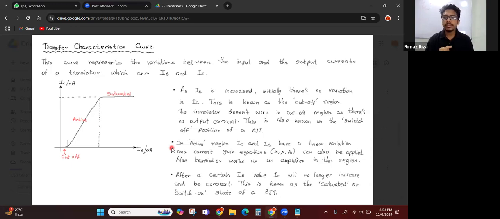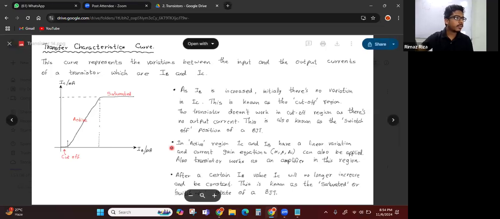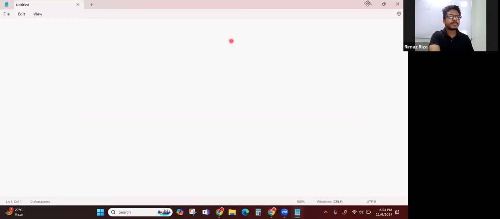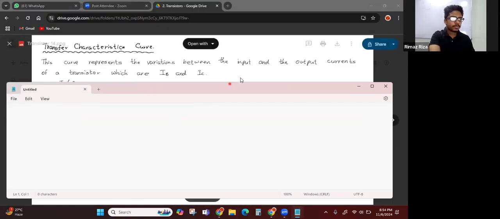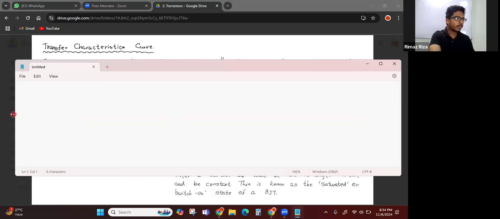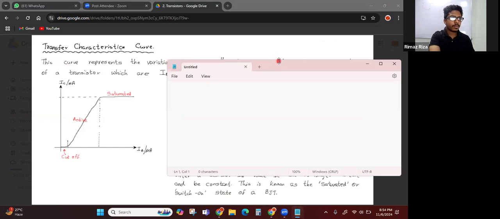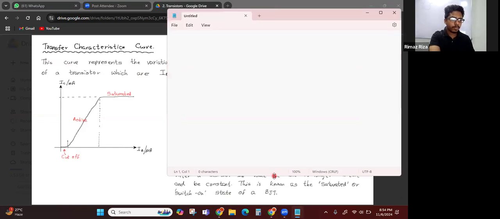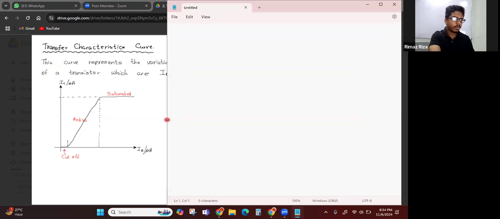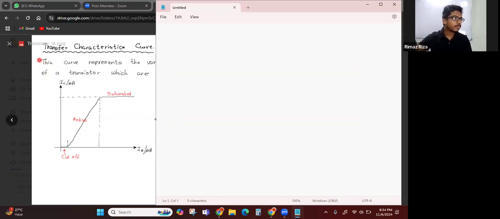Now, for example, let me explain with a transistor. I'll draw that. I'll take a common emitter NPN transistor.